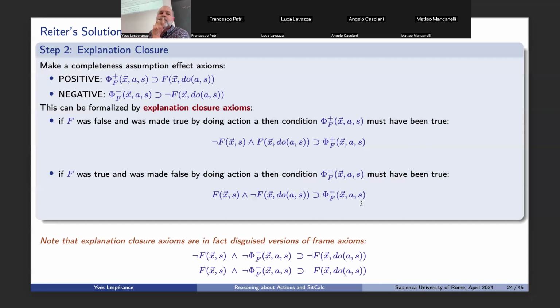This condition is about what action you're doing or occurred and what the situation before the action was.